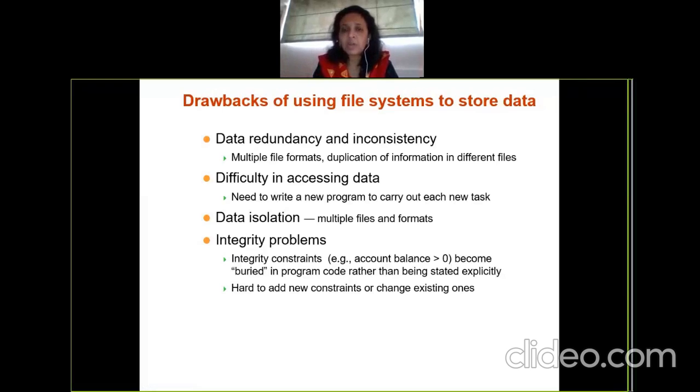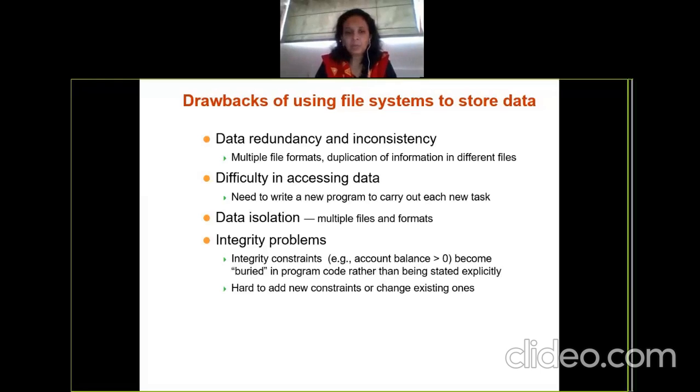After some time, suppose the bank policy has changed and the balance should be greater than 1000. Below 1000 account balance is not allowed. So in that case, what happens? The developer again has to write a new application program or update the previous application program to apply such a new constraint. So again it is time consuming and costly. In the database system, as we are using the query language, applying such integrity constraints is very easy.